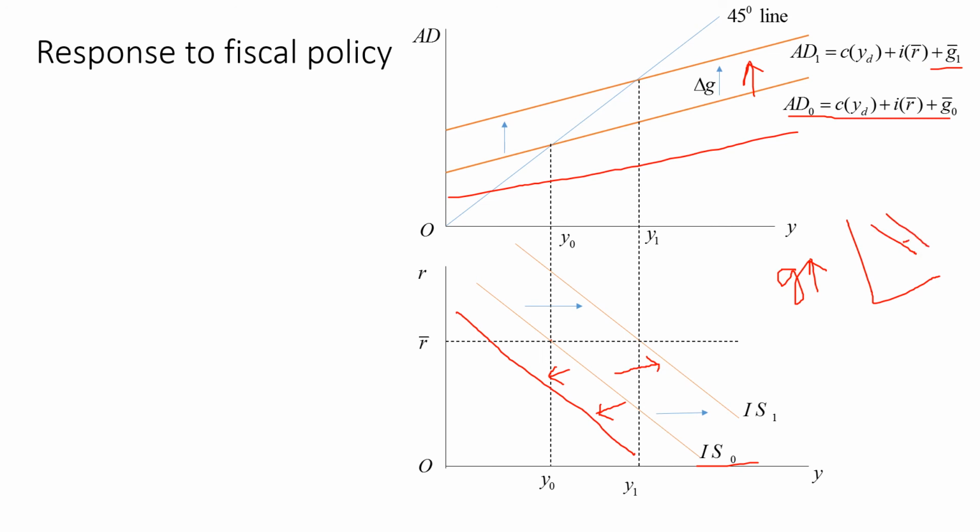And if G falls, if the government decides to reduce its expenditure, you'll have to capture that in terms of a leftward shift of the IS curve. And if you consider a fiscal policy which is a tax cut or an increase in tax, if tax increases, that means you are talking about a contractionary policy.